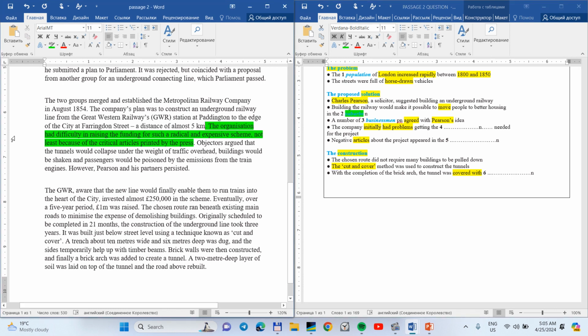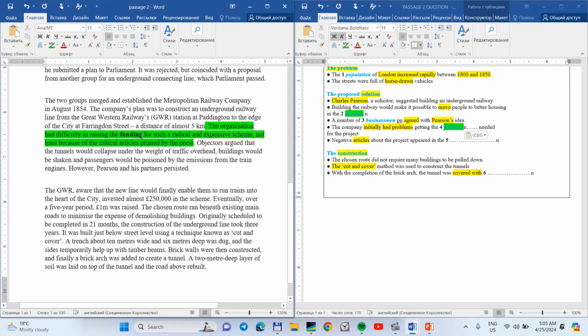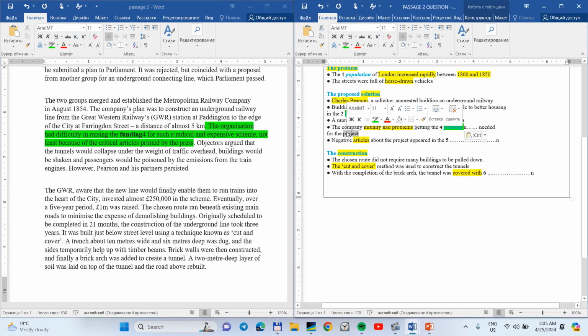Initially had problems means difficulty in raising, which means getting what? Getting funding. Yes. Funding here is the answer to question 4. Radical and expensive scheme: scheme means here project.